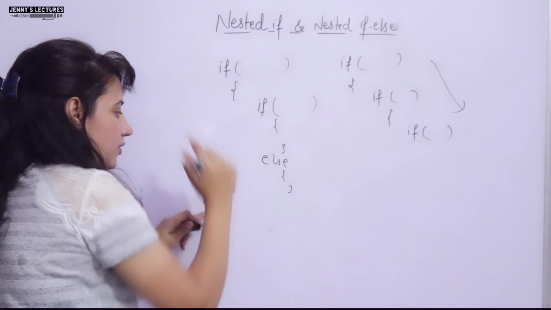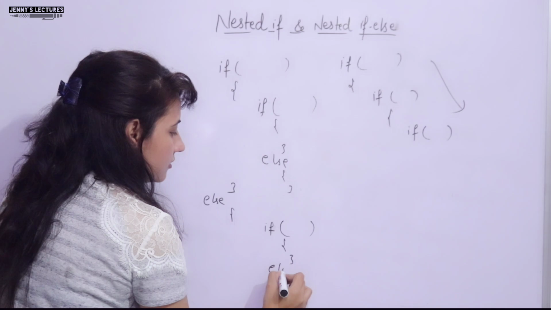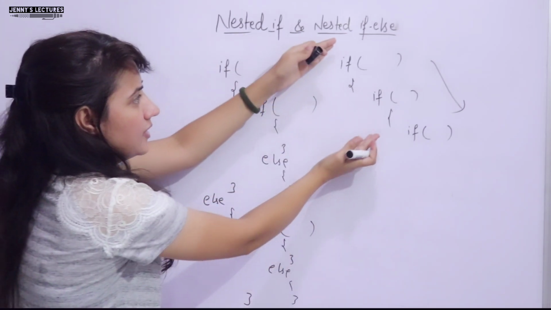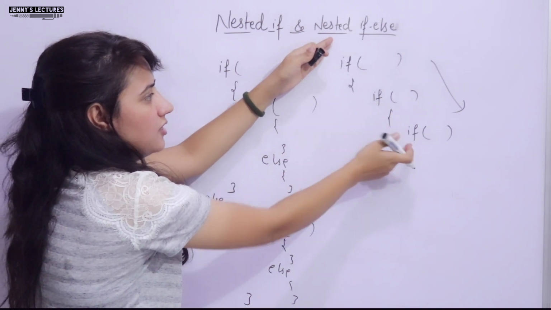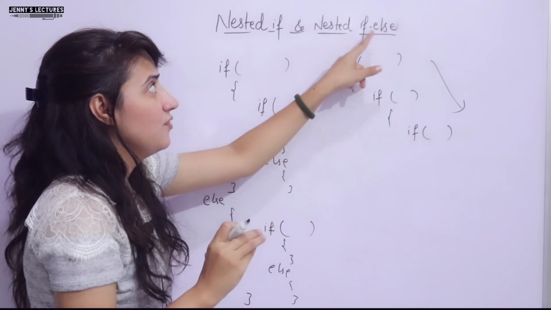This else is for this if. Within this else we have another if else. This is nested if else. The earlier one is nested if only, we are just nesting if only. So nested if is also possible, nested if else is also possible.